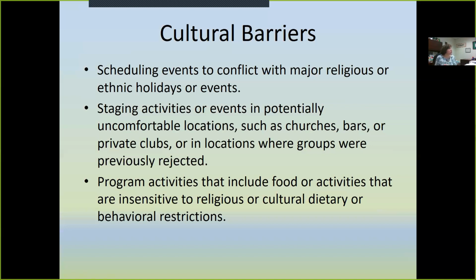So we want to make sure that we're scheduling events that don't conflict with major religious or ethnic holidays or events. If you have a large Jewish population, you want to make sure that you're not scheduling things on Jewish holidays, not just our traditional Christian holidays, or Muslim, if it's a large Muslim population.